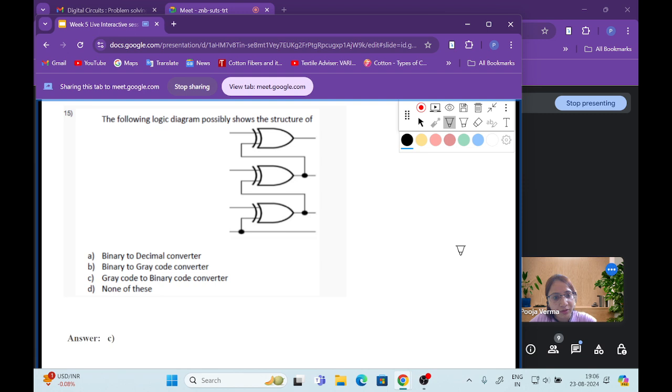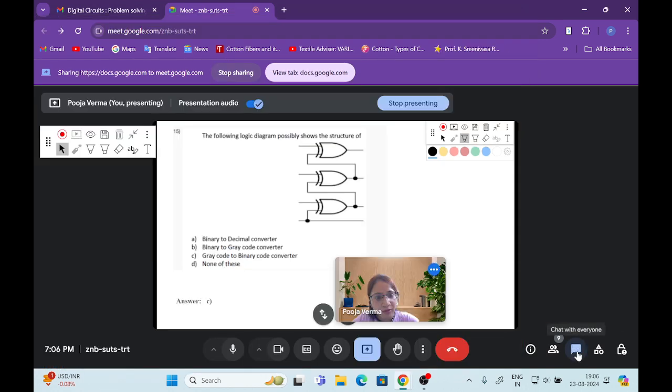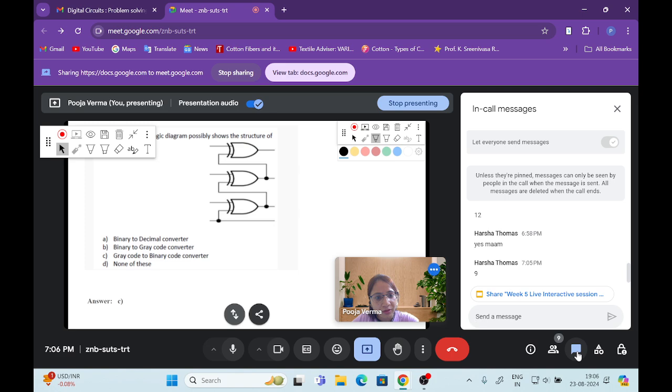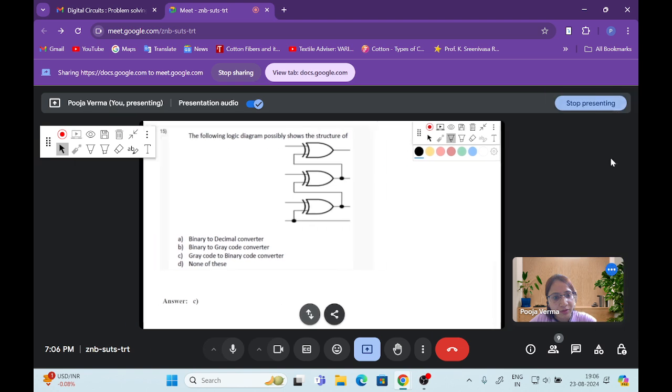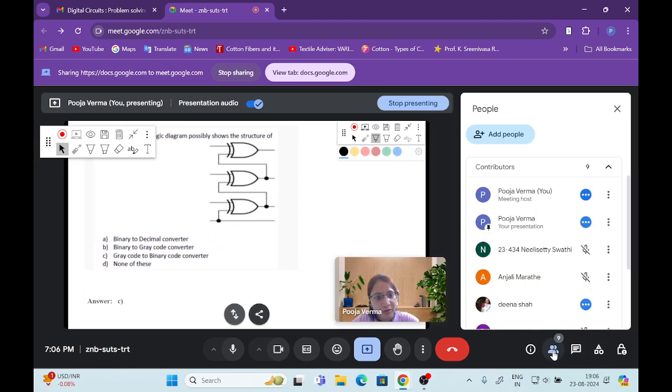Moving to the next question. Ma'am, if we get an XS3 code greater than 9, will it be valid? No, that one is not valid.